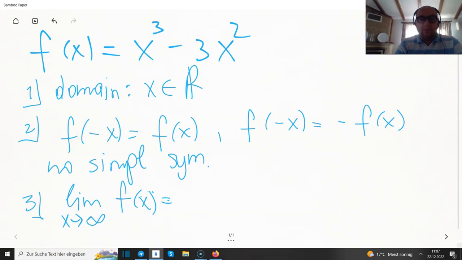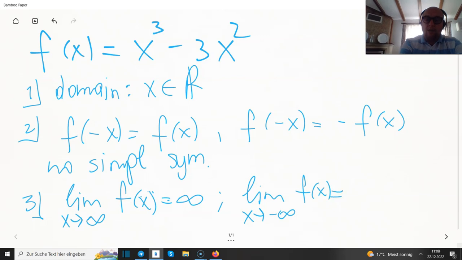If x is getting very big and positive, x cubed is getting very big and positive as well. So plus infinity is the result here. And if x goes to minus infinity, then x is getting huge negative values. If we cube it, it's still going to be negative, so we're going to minus infinity.